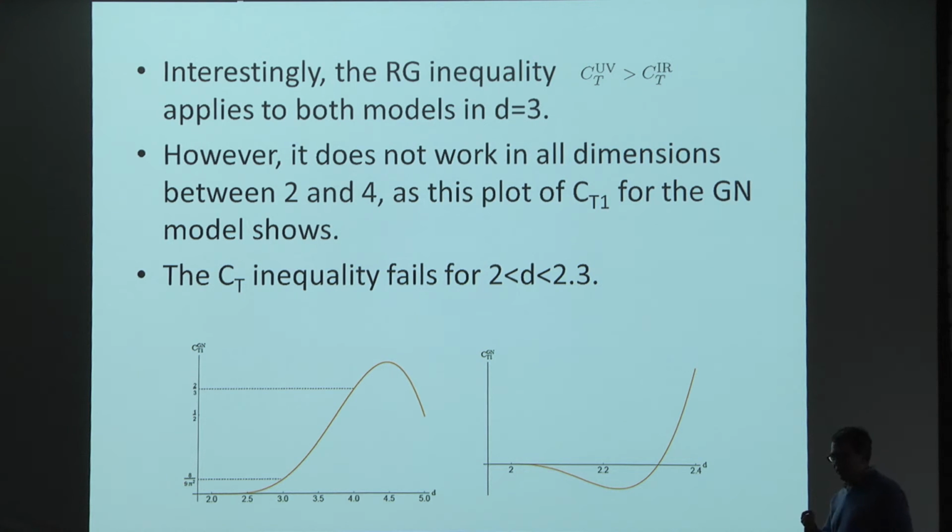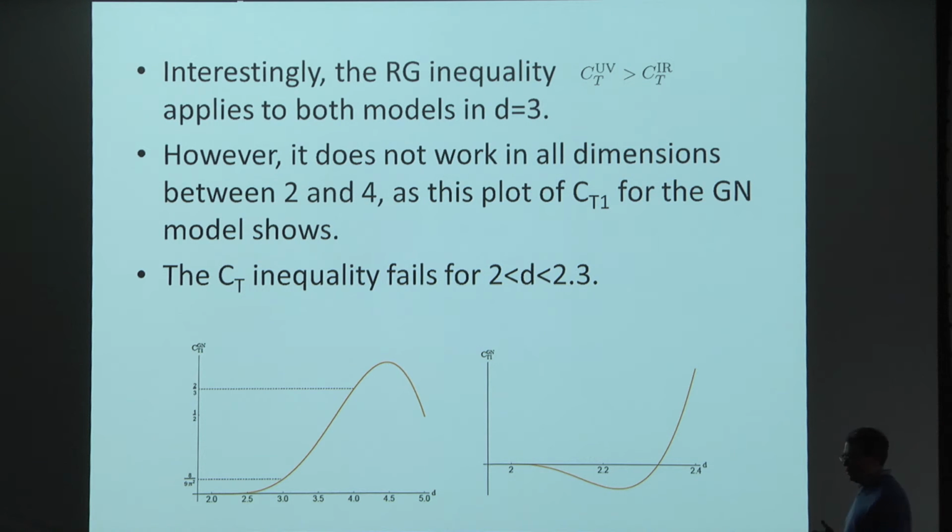The fact that in 2 dimensions this is definitely true, as proven by Zamolodchikov, you would expect that when you go to 2 plus epsilon, it's not too far, so it should be okay. But our big surprise was that right above 2, it's actually violated. It's violated between 2 and about 2.3, but then it becomes good, and in 3 dimensions, it just happens to work.